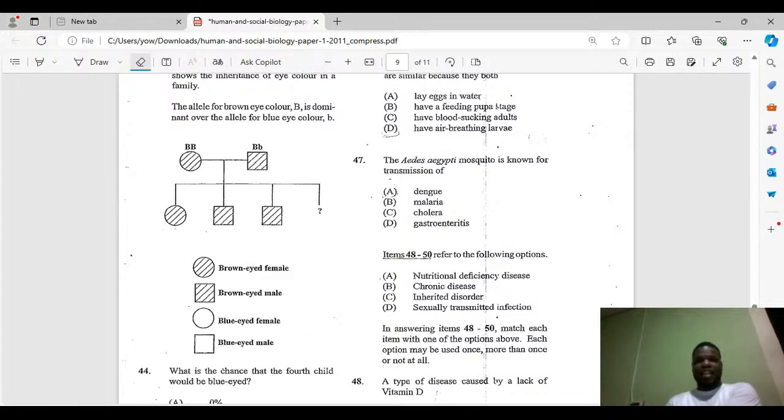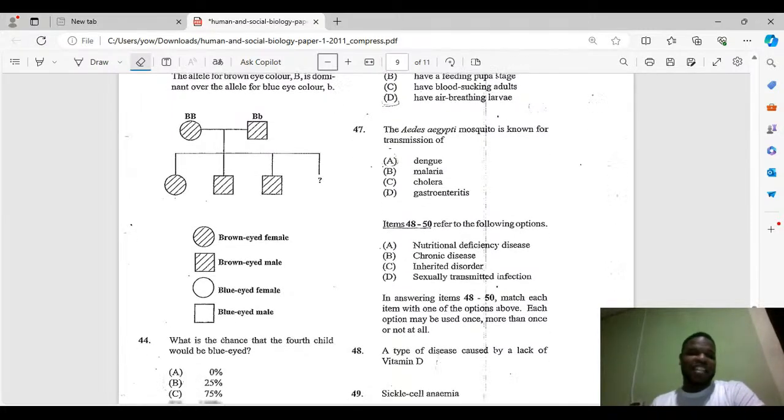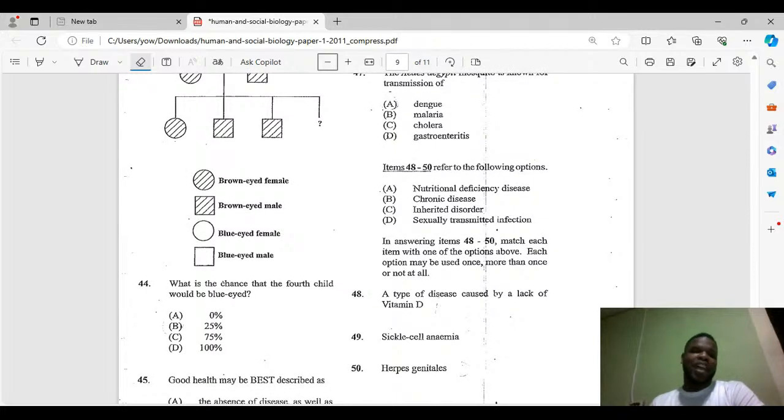Now they want to know what is the chance that the fourth child will be blue-eyed.